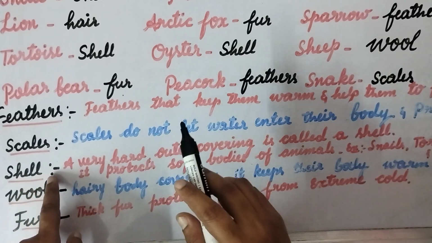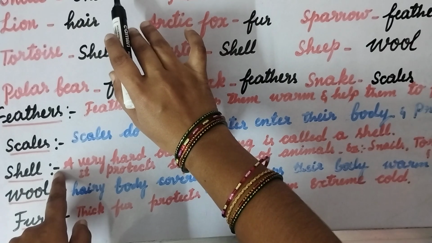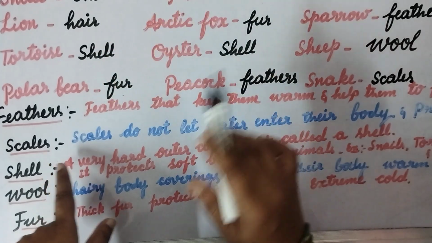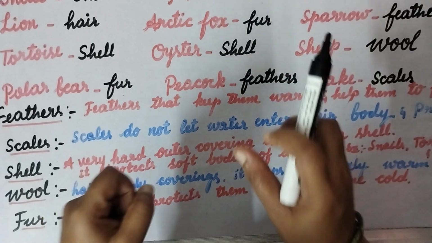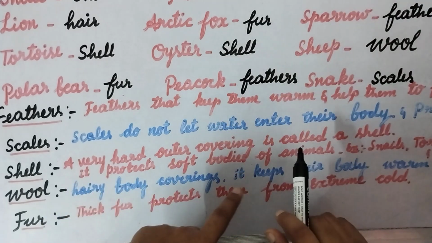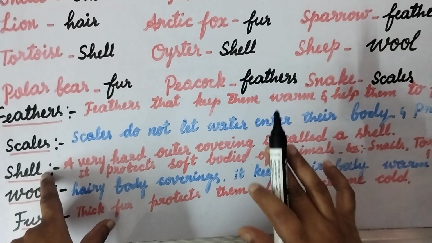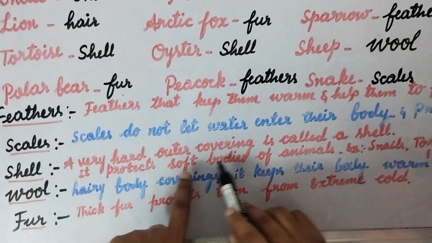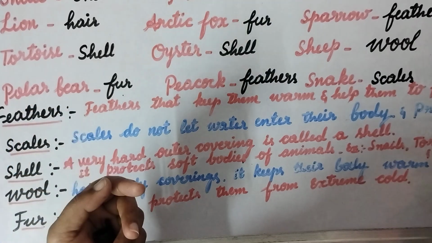Next is the shell. For example, the snail has a shell. The shell is a very hard, thick outer covering. What is the main function of the shell? It protects the soft bodies of animals like the snail, tortoise and oyster.